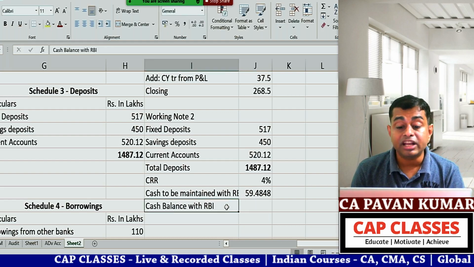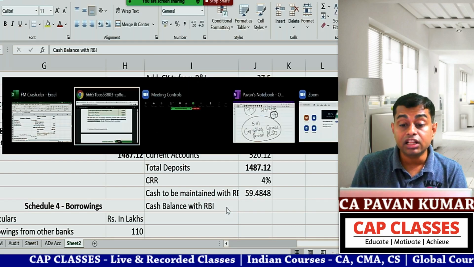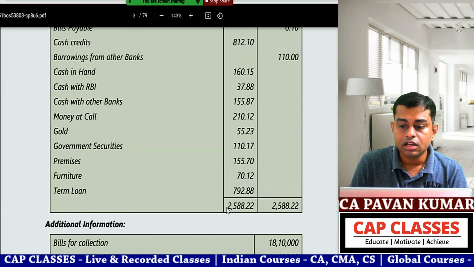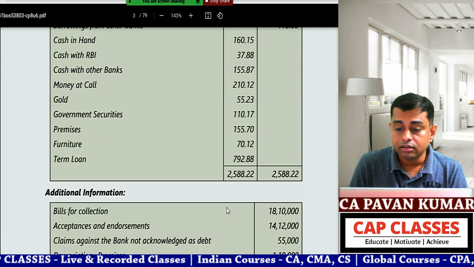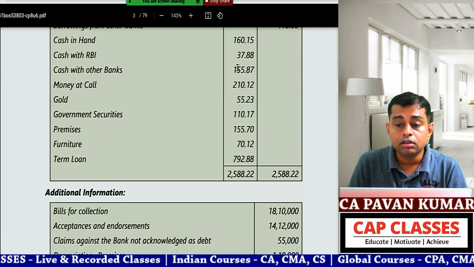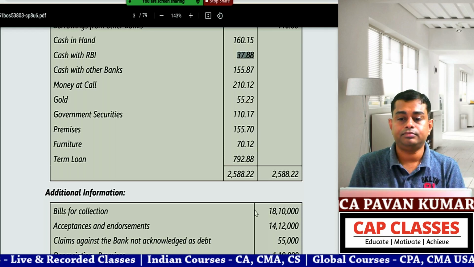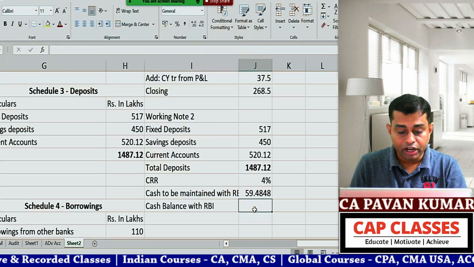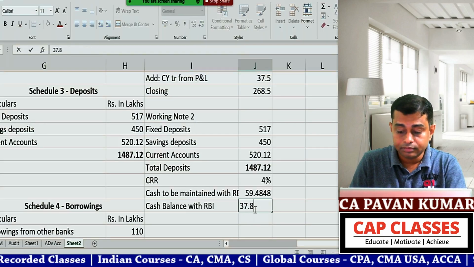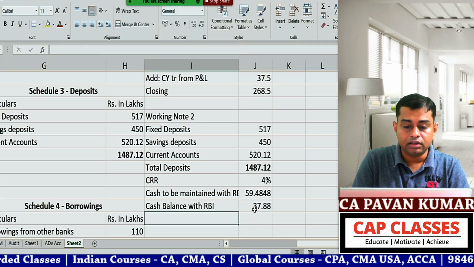Cash balance with RBI given. How much have they given in the question? Cash balance with RBI, how much have they given? 37.88. So more money is required.